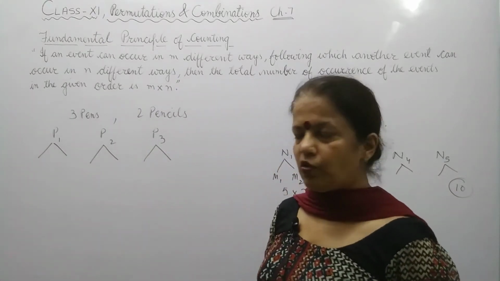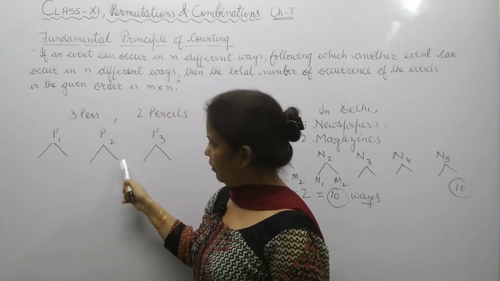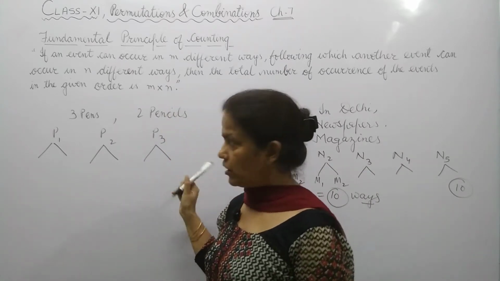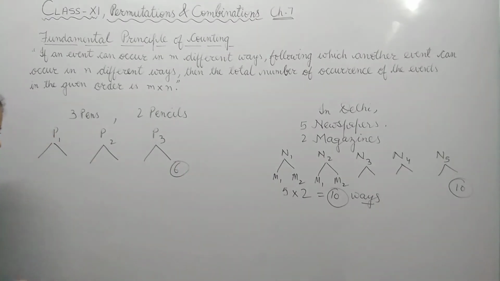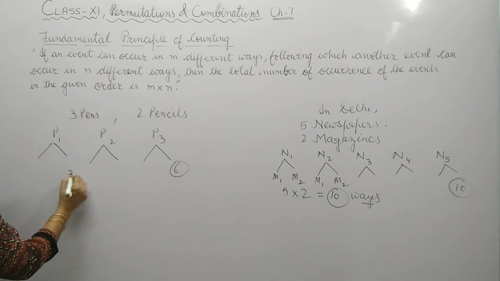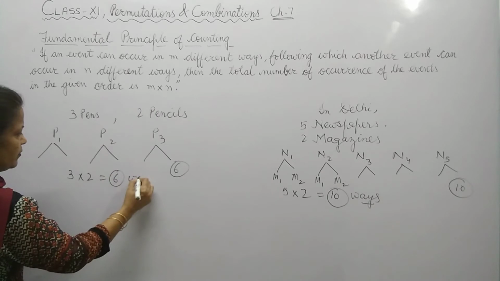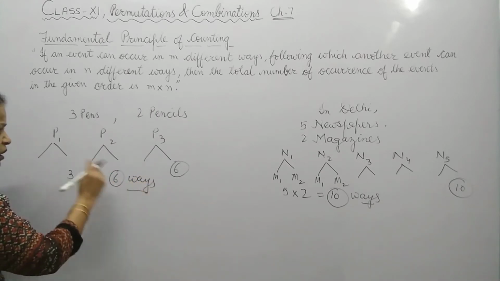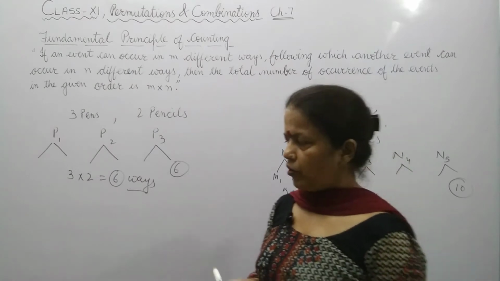So what will be the total number of ways over here? 1, 2, 3, 4, 5 and 6. So it means there are 6 ways in which the student can choose, or we can say 3 multiplied by 2 is 6 ways. You can take any other example like this also.